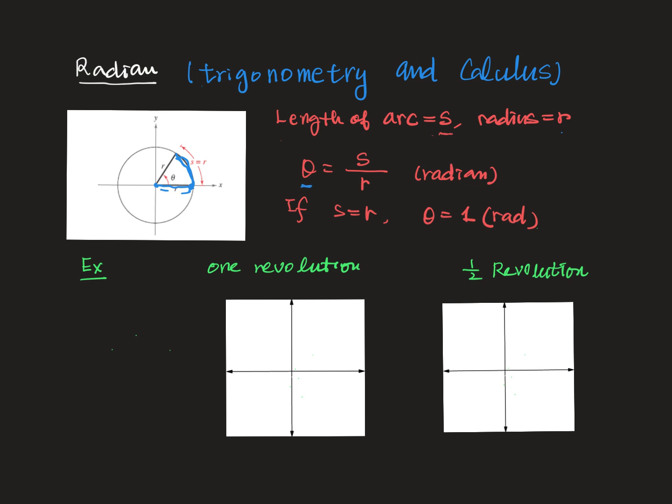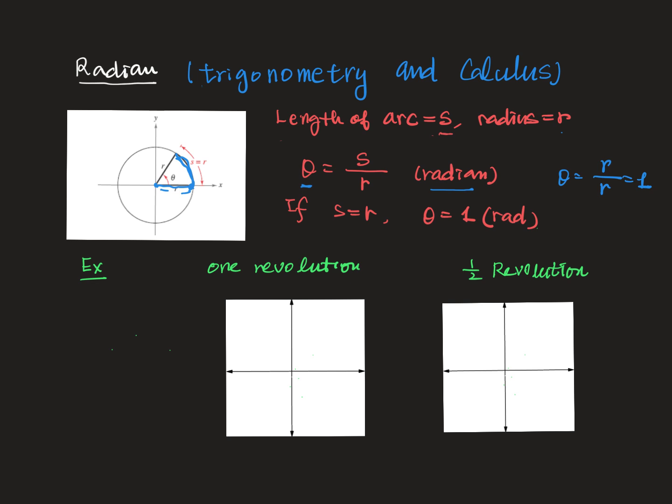Radian is defined as the length of the arc divided by the radius. When the length of the arc and the radius are equal, theta is r over r, which is 1. That's what we call 1 radian. That's how to define it.